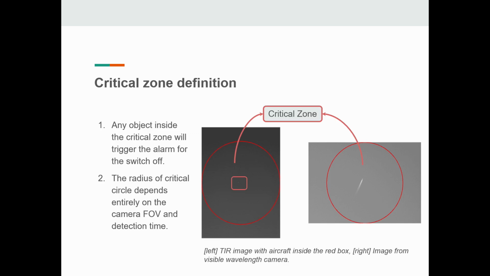The radius of the critical circle depends on the field of view. In our case, the camera has a pretty narrow field of view, and hence we chose to go with the entire width for thermal infrared and the entire height for the visible camera. It also depends on the performance, how fast the algorithm is. So all these factors determine the critical zone of the image.